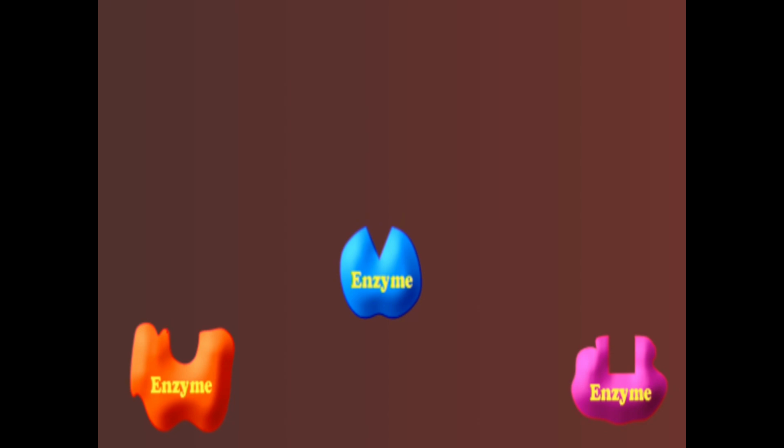So this is the active site. The substrate has to be the same shape so it can fit the active site. Okay, but it's specific because that one can't be attached to another enzyme, and that one cannot be attached to another enzyme.